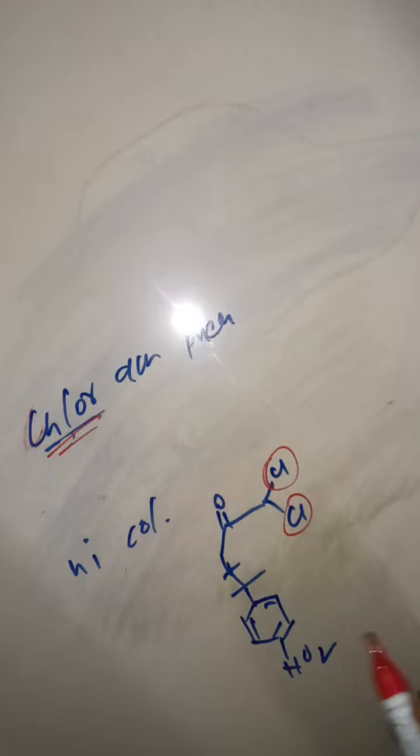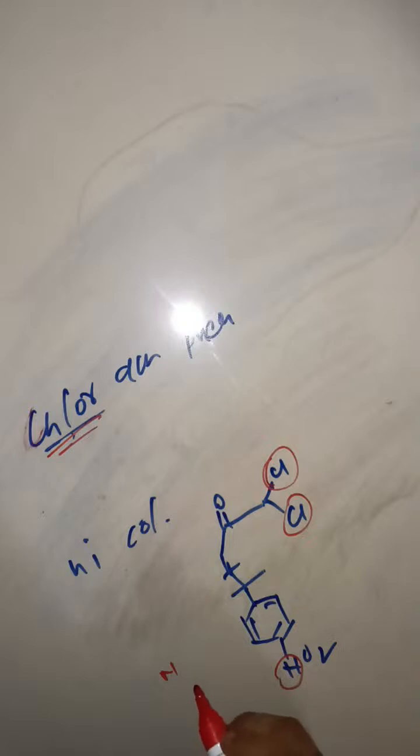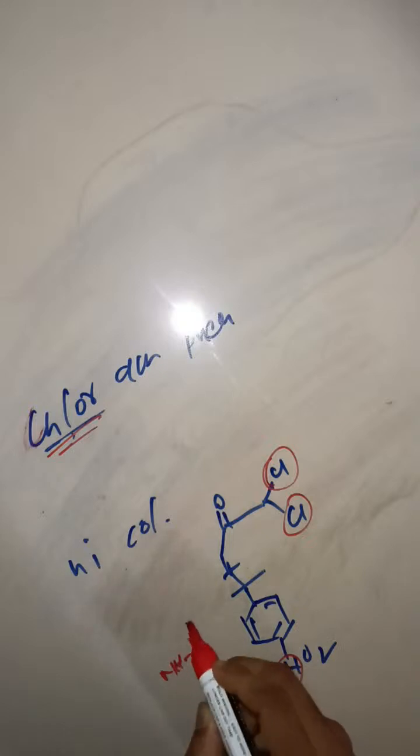Then AM means amide or nitrogen present in that structure. Amide is NH C double bond O, like this.